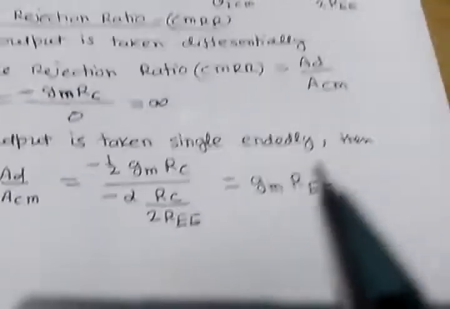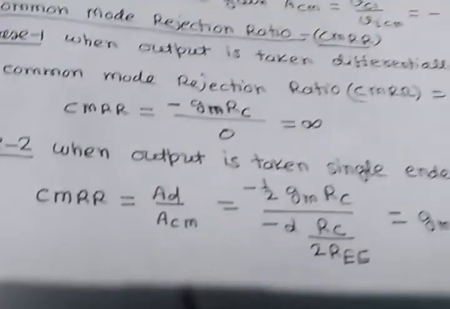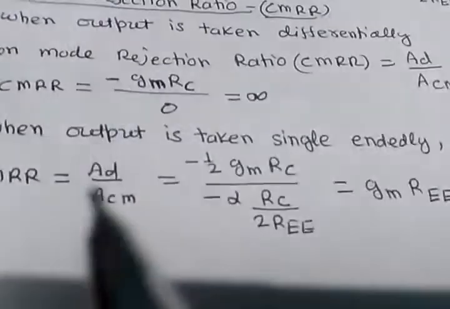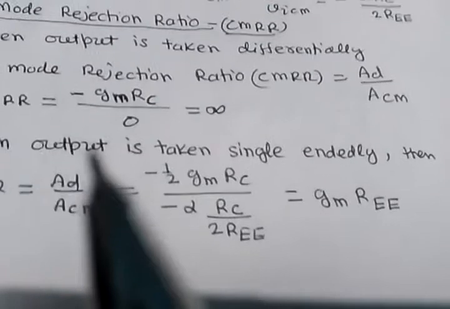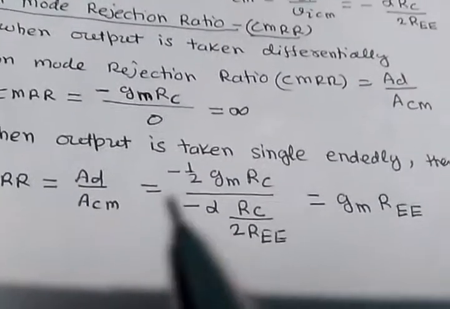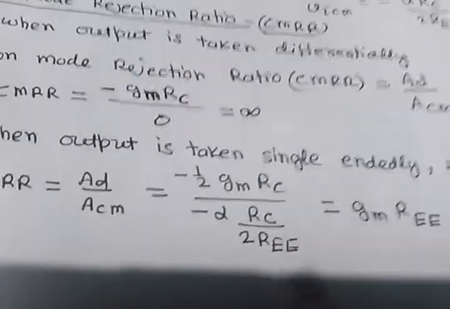Case 2, when output is taken single-endedly, then CMRR will be AD upon ACM. In this case, we have to take AD and ACM single-endedly. We have already calculated AD for single-endedly as 1 upon 2 gm RC and ACM as minus alpha RC upon 2 REE.